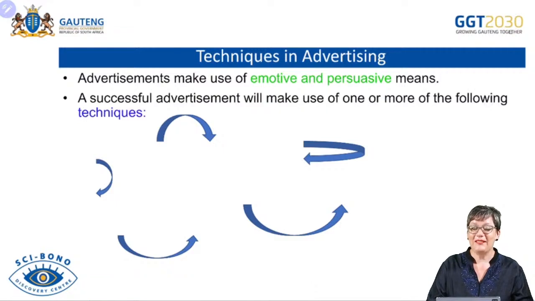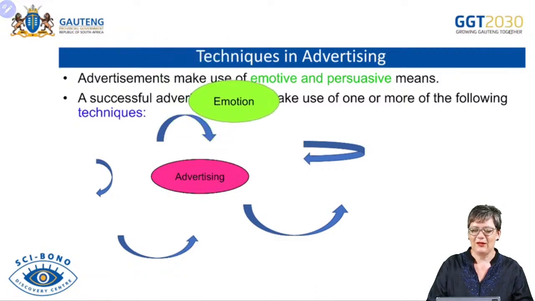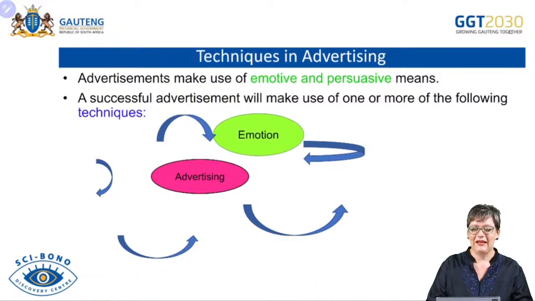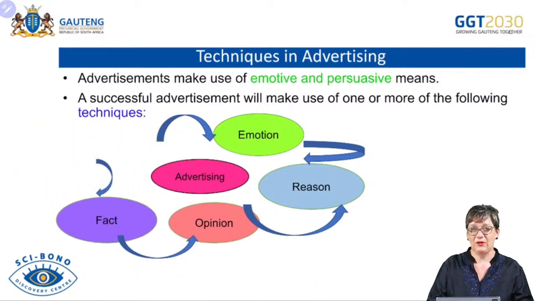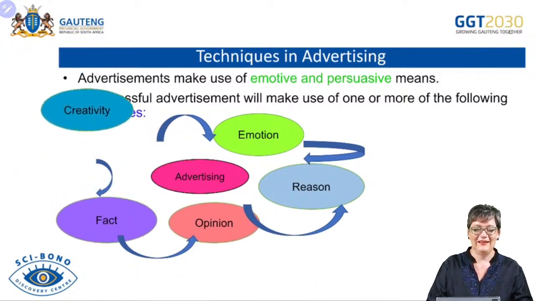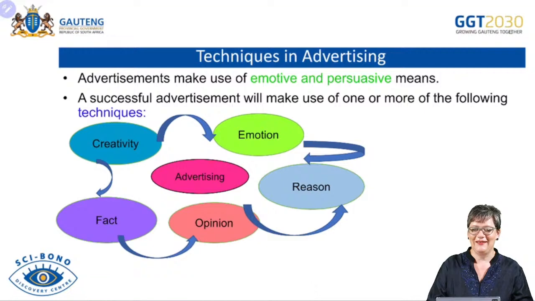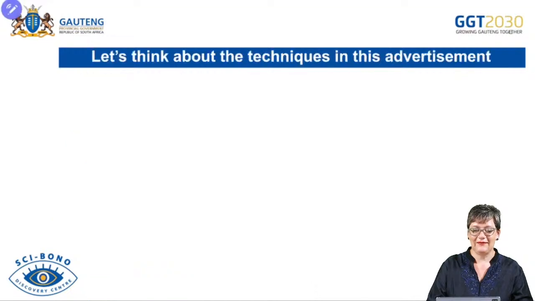And these are some of the techniques that they will be using. So when you're watching an advertisement, think, what are they using? Some of these techniques include emotion, reason, opinion, and obviously fact. So you have to know the difference between a fact and an opinion, obviously, and creativity. So look out for these techniques.